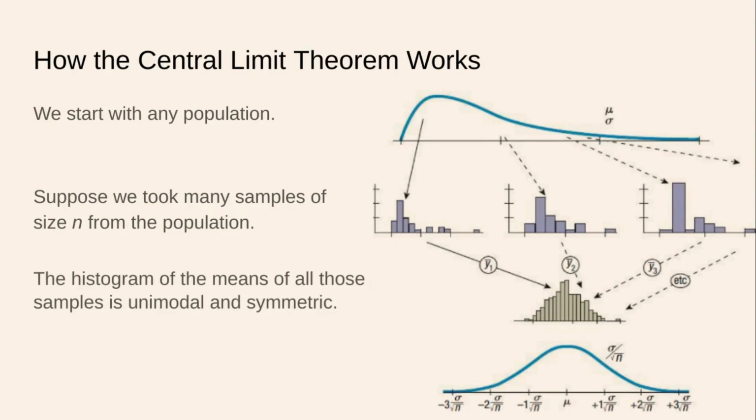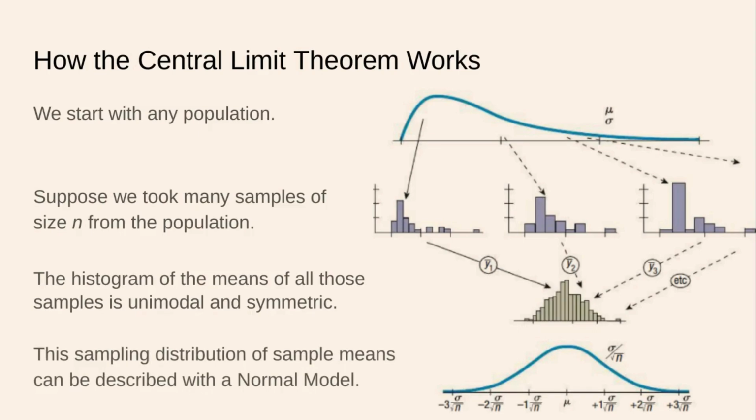So the histogram of the means of all those samples is unimodal and symmetric regardless of the population, regardless of the random variable itself that we are studying. The sample mean for a large sample is itself a random variable that will, given a large enough sample size, always fit a bell curve. Amazing. The sampling distribution of sample means can be described with a normal model.